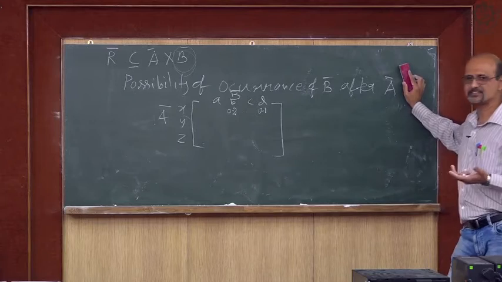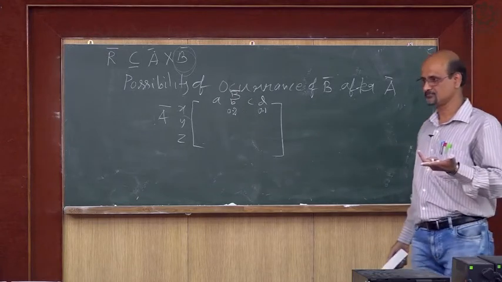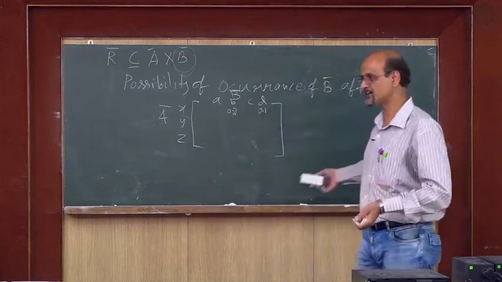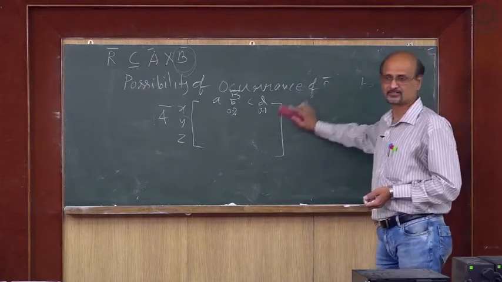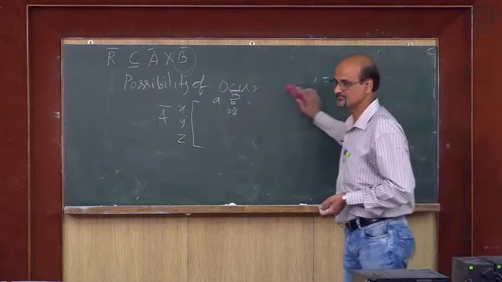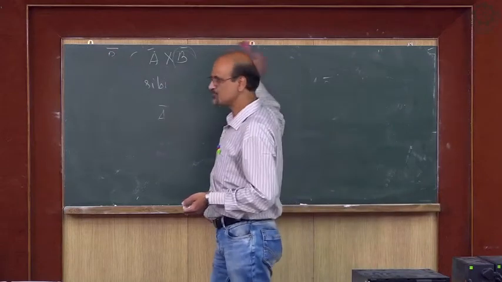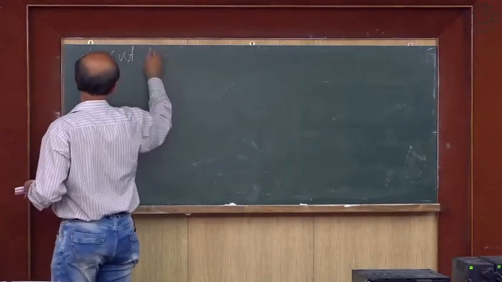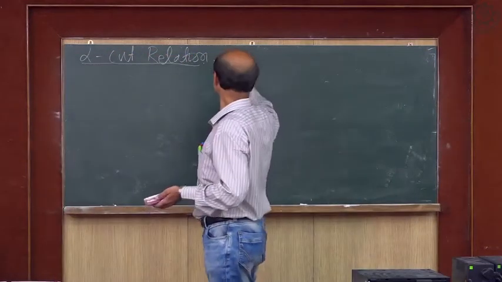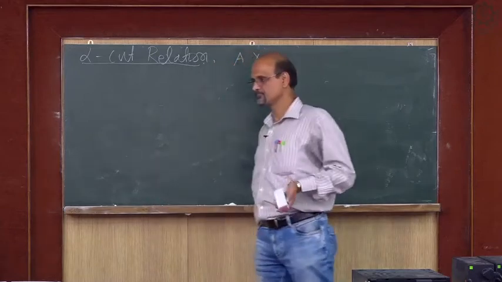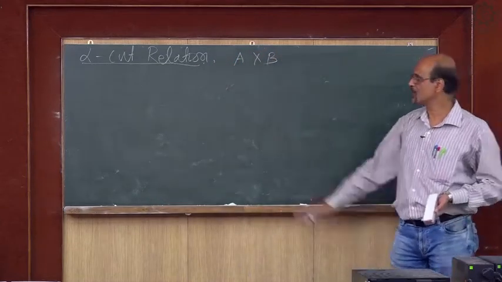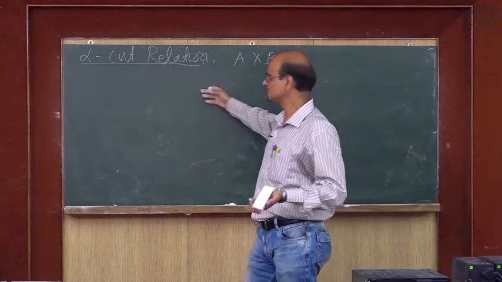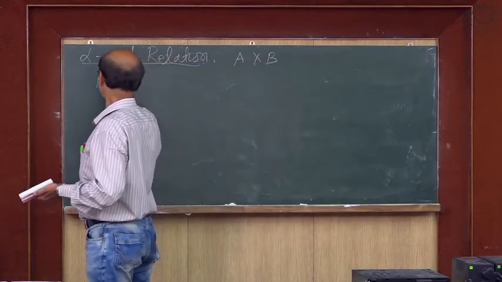Now, next, as we did for alpha cut, I should have alpha cut relation also. Alpha cut set was what, fuzzy or crisp, if you remember? Crisp. Similarly, alpha cut relation will also be crisp, again in A cross B. So, now alpha cut relation, we define R bar for the relation, and for alpha cut I will denote it by alpha.